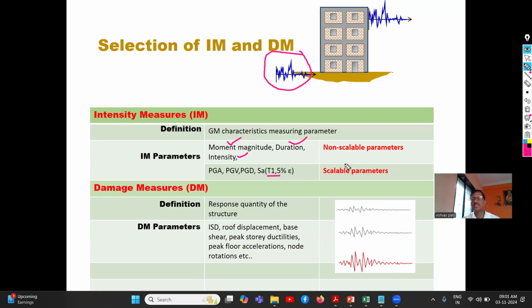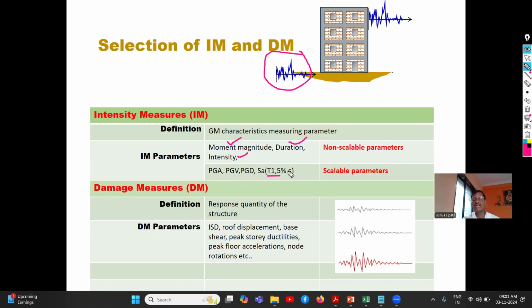Therefore, they are non-scalable, and for IDA purposes there is no use for these parameters. But parameters like PGA, PGV, PGD and Sa(T1) can be scaled, so they are called scalable. Among these, we have to choose one.